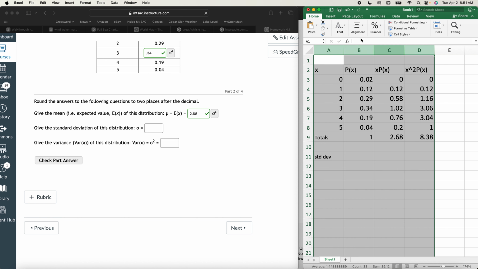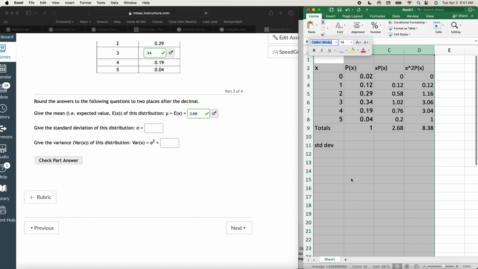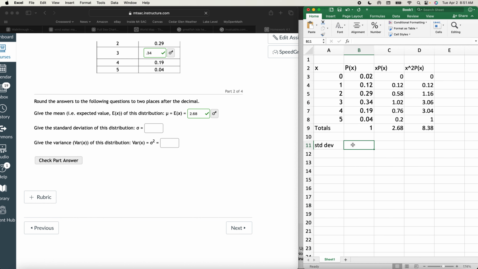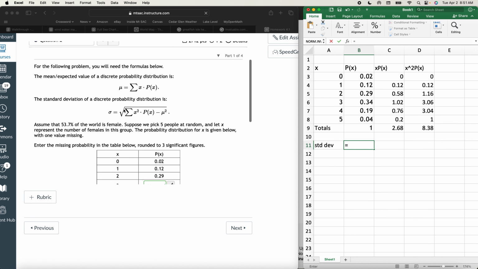And go ahead and just type in the formula. So this is equal to the square root. If you go back up to the formula for the standard deviation, we have to take the square root of this whole mess. So in Excel, you type SQRT for a square root.